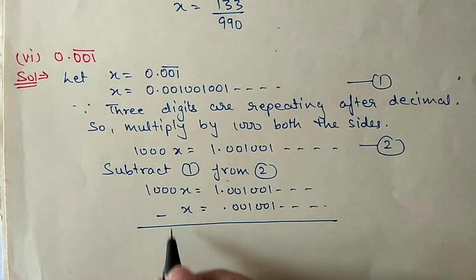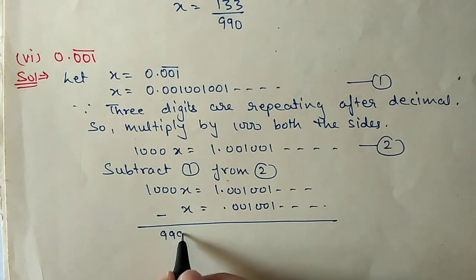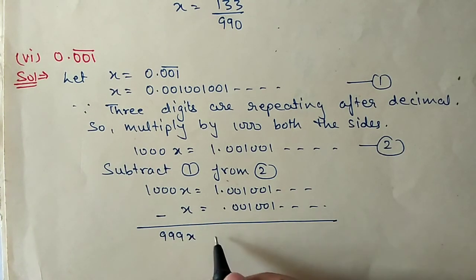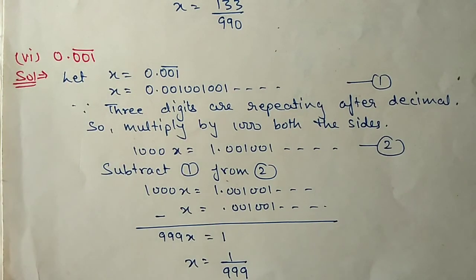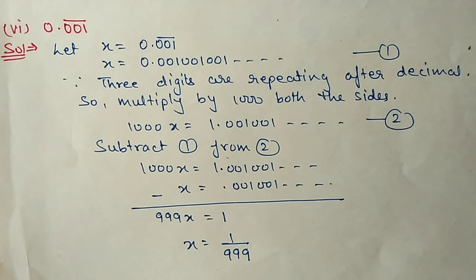After subtraction we will get here 999x is equal to 1, or x is equal to 1 by 999.